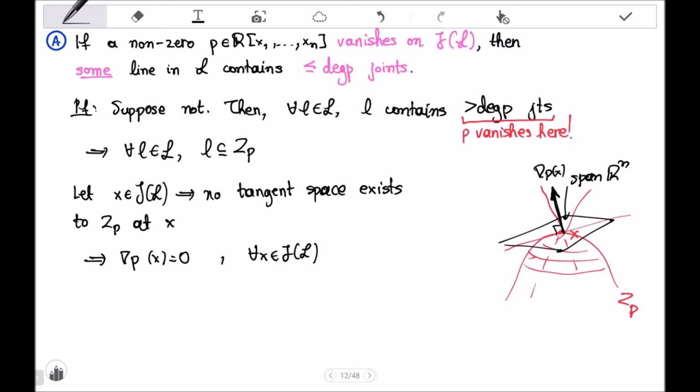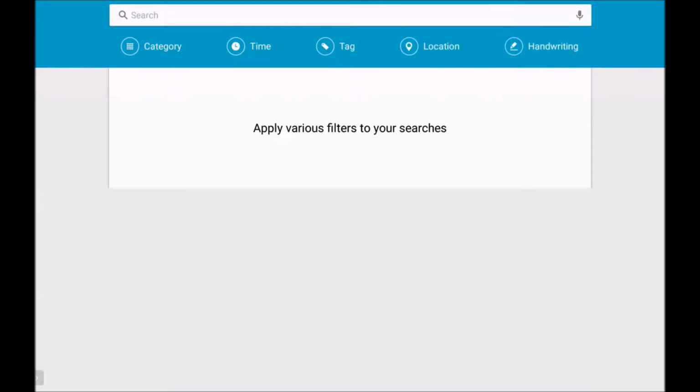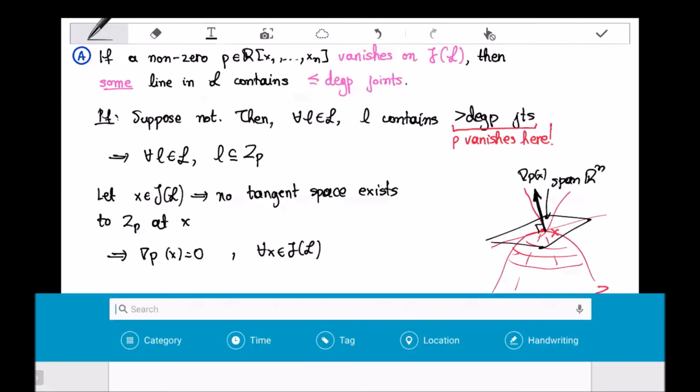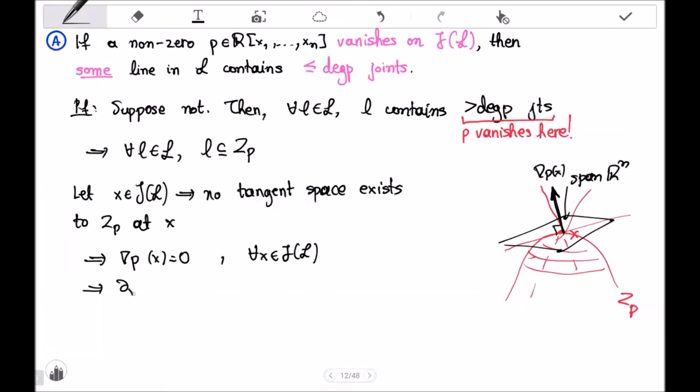Okay, so let's see what we found out. If I write it out, it means that all the partial derivatives of P vanish everywhere on the set of joints.